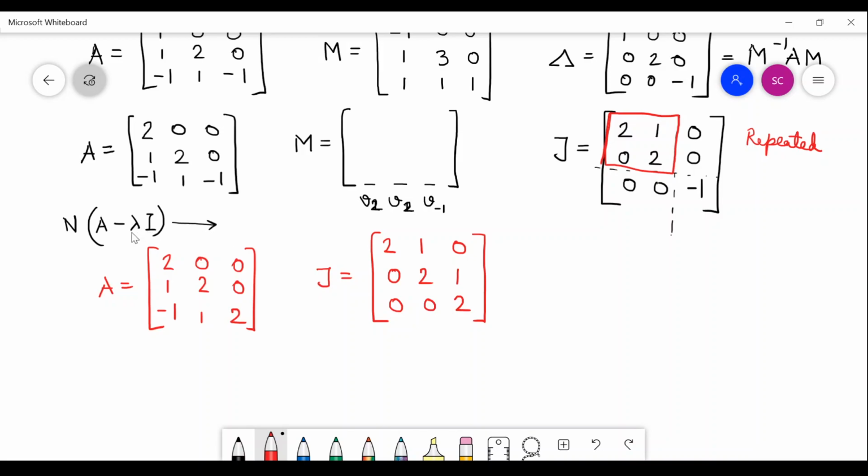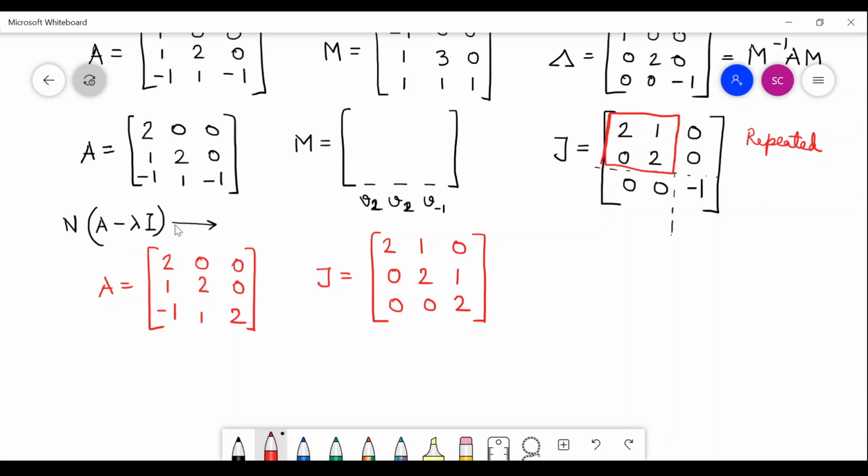That means you can have repeated eigenvalues, but you may have distinct eigenvectors. This is possible. When is it possible? You'll ask me the question, sir, why am I not able to see this? I will do A minus 2I and find the null space and get a vector, and if I do A minus 2I again and find the null space, I will again get the same vector.